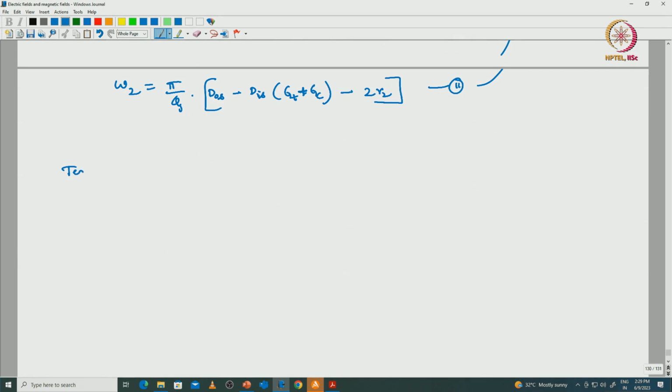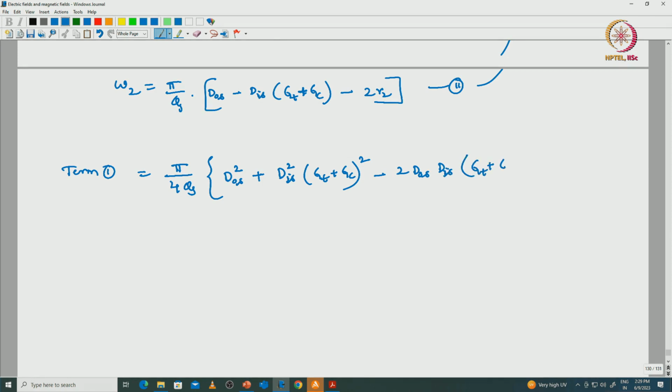At the end, term 1 in the slot area equation is nothing but pi by 4 Qs into d naught S, that is outer diameter of the stator, square, plus dis inner diameter of the stator, square, plus gt plus gc whole square, minus 2 into d naught S and dis into gt plus gc.